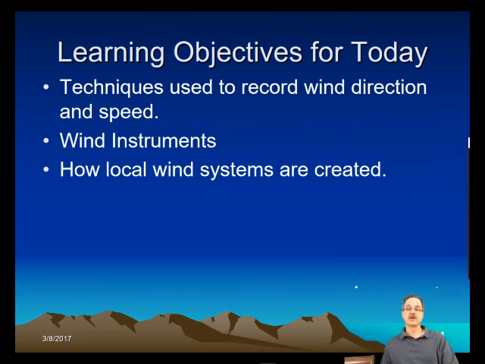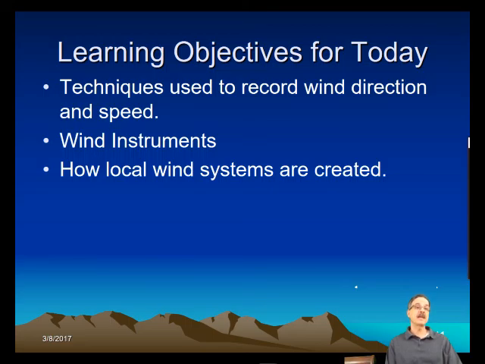All right, so I hope you have a better understanding of the instruments used to record wind direction and wind speeds. I hope you have a better understanding of the techniques we use to keep records of the wind direction and wind speed.